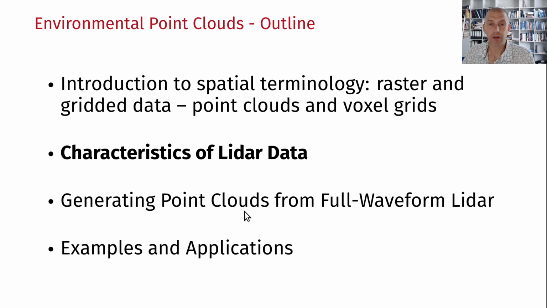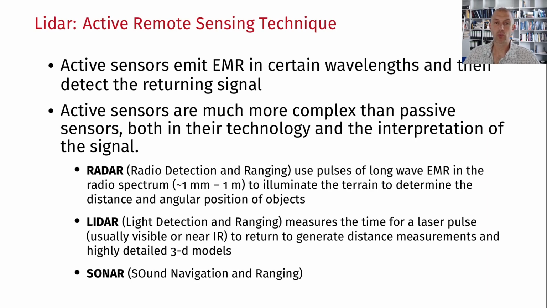In this next part, I would like to talk about some characteristics of LiDAR data. And I'm starting out by giving you some thoughts about what LiDAR is. LiDAR is an active remote sensing technique, meaning that you have a sensor that emits the signal and can also receive the return signal.